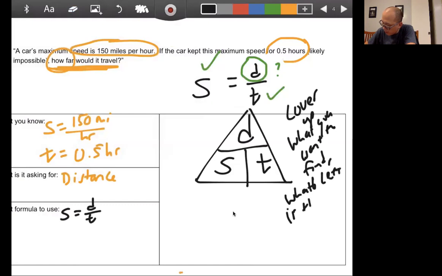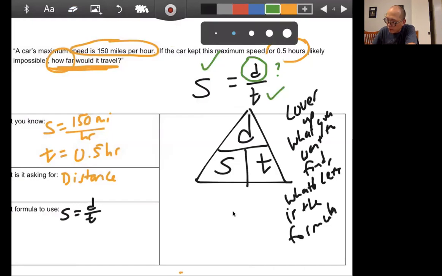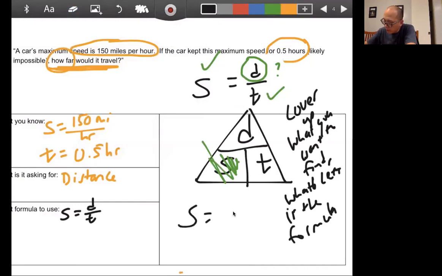What's left is the formula for it. So all these previous times, we said, okay, we want to find speed. Cover up speed. Well, what's left? Look right here. This is the formula: distance divided by time.